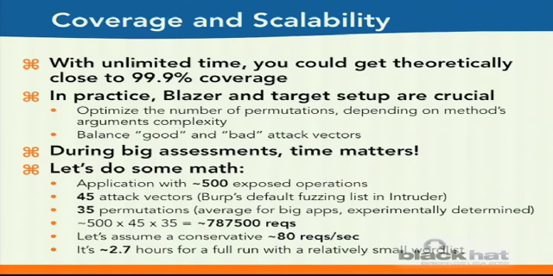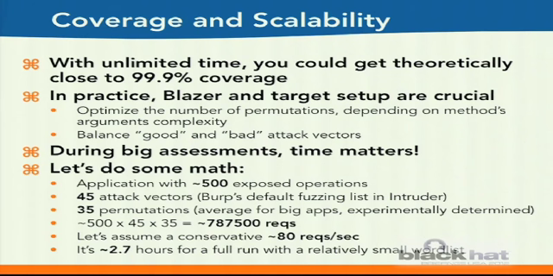Now, obviously there are some limitations, and the main limitation is time. Theoretically, you could iterate and generate objects. We are using the same methods of the application to build valid objects.